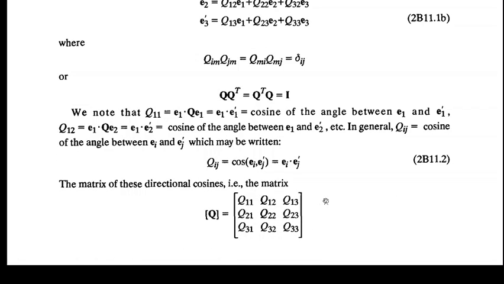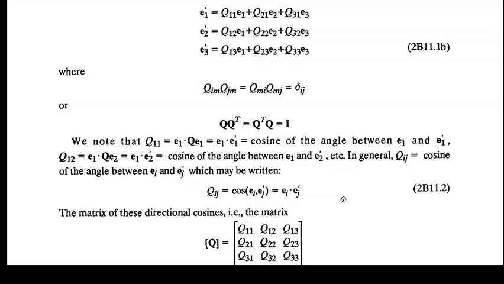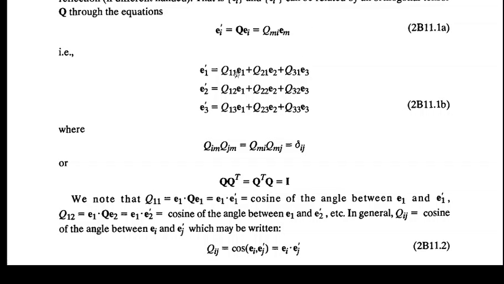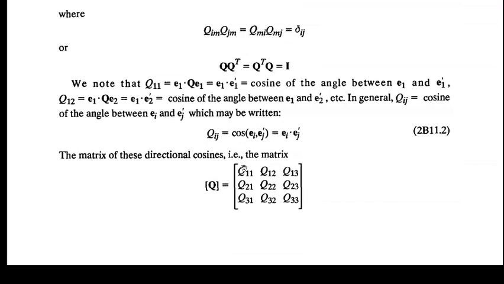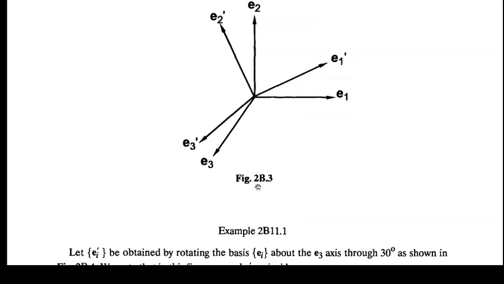Now this is the matrix Q, called the matrix of directional cosines: Q11, Q12, Q13, then Q21 and so on. From E1 dash we have the first column, from E2 dash the second column, and from E3 dash the third column. This is the matrix Q which relates both bases.